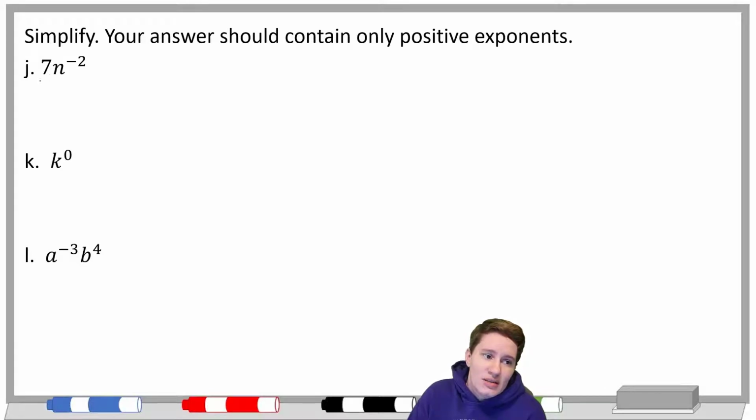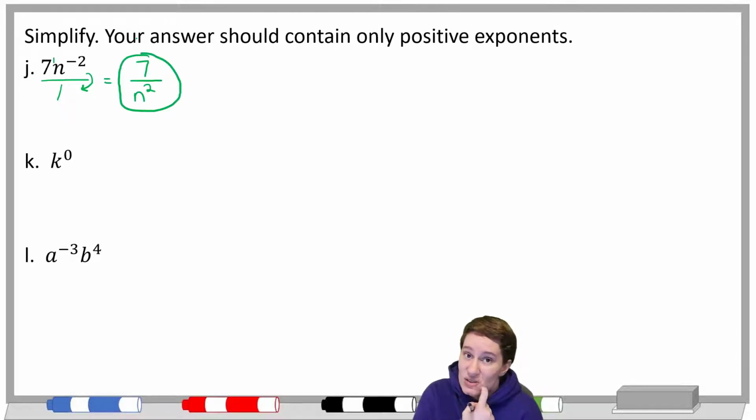So whenever I move things around, 7 has its own exponent of 1 because we didn't write an exponent. N has an exponent of negative 2, so we're just going to move that n down to the bottom, leave the 7 on top. And our answer ends up being 7 over n squared.